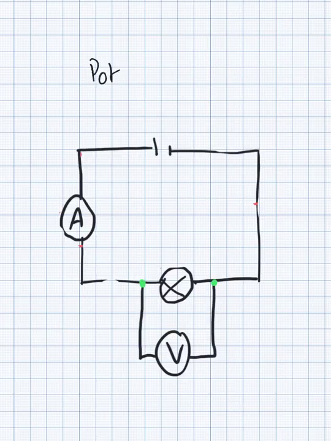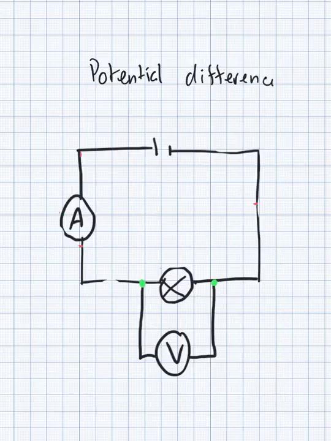Now let's take a look at the way that potential difference works in a circuit. So the thing to remember with potential difference, and it's important that you get these the right way around, is that potential difference behaves in almost the opposite way to current. Where current was the same at each point around the circuit, potential difference is not.